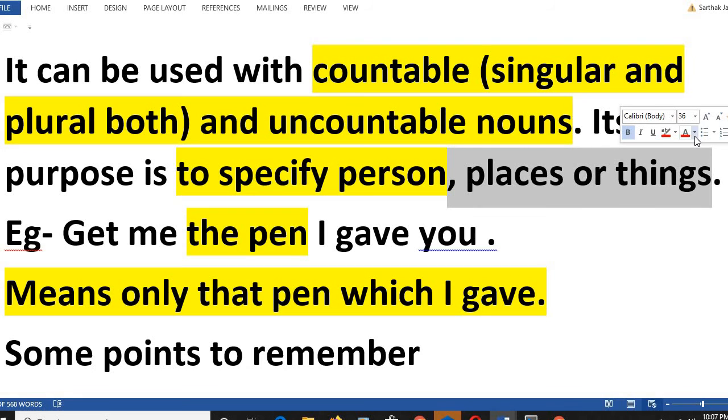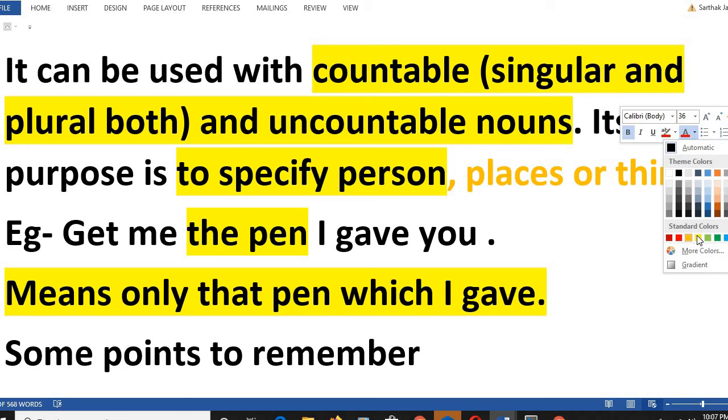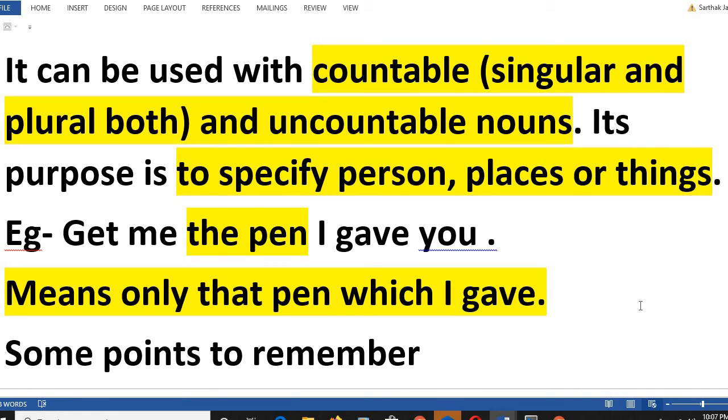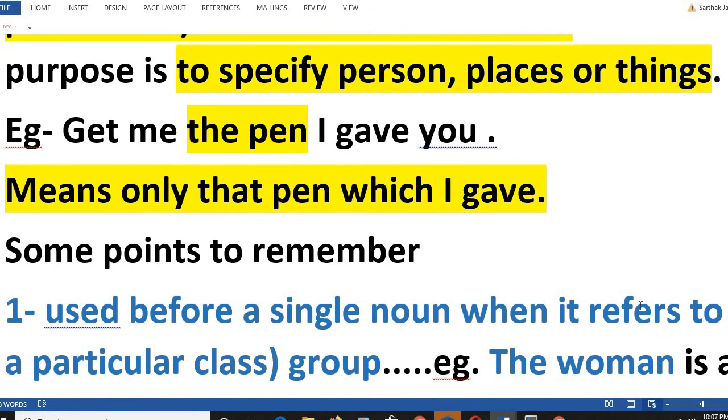So dear students, the example given here is: get me the pen I gave you. Just note the highlighted words, the pen. That means I am talking about a particular pen which I gave you.